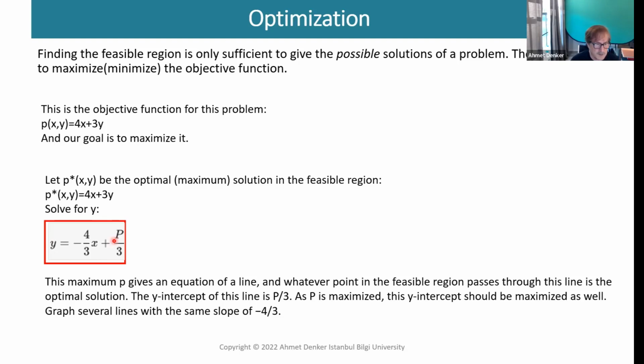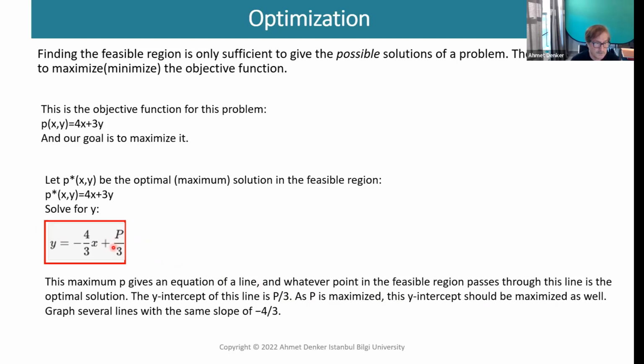If I want to maximize p, it gives an equation of a line, and whatever point in the feasible region passes through this line is the optimal solution. The y-intercept of this line is p over 3.